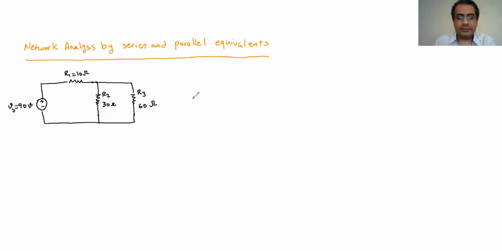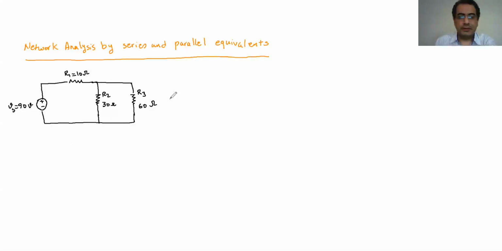And again, I will say make sure you do it one step at a time, because if you have, for example, other parallel or series, don't do all of them in one step until you're really comfortable with that. If you have, for example, other two parallel resistors, just leave them alone, do one step at a time, and then in the next step go to the next parallel or next series.